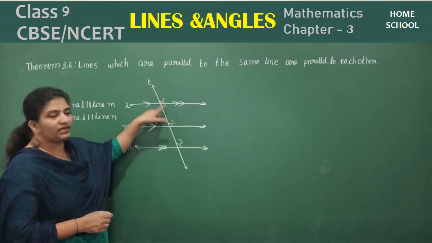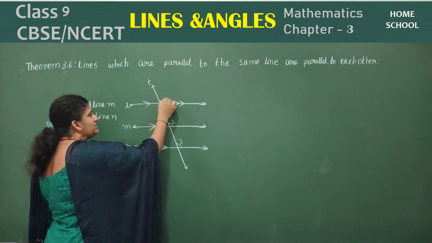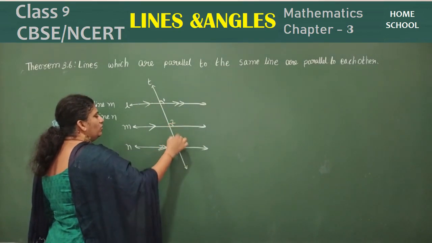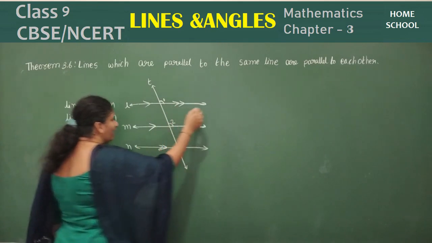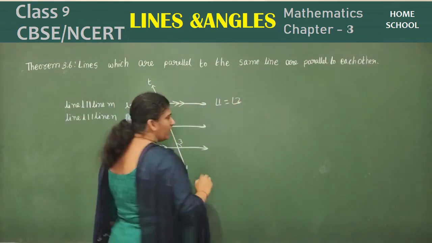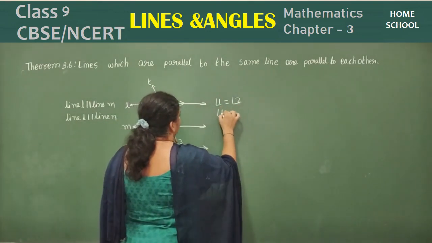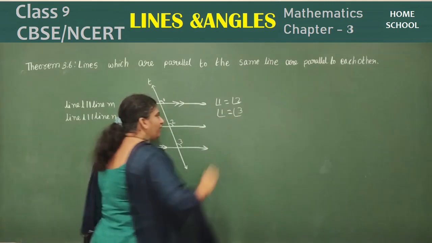Now it creates corresponding angles here. What are the corresponding angles? Angle 1, angle 2, angle 3. So according to the lines, I will write the statement with the angles. Angle 1 is equal to angle 2, and angle 1 is equal to angle 3.